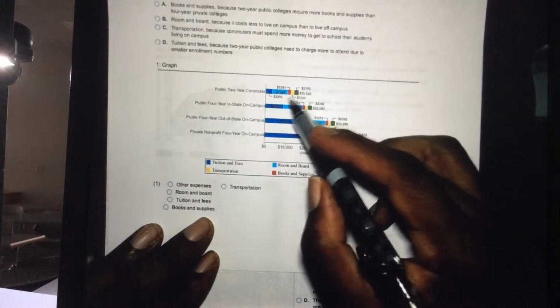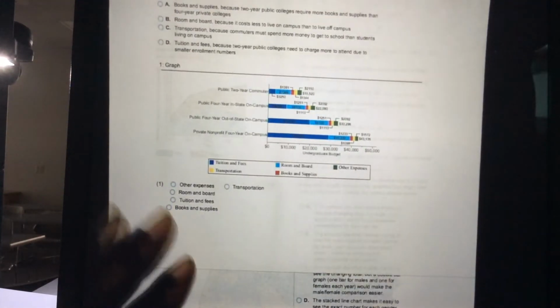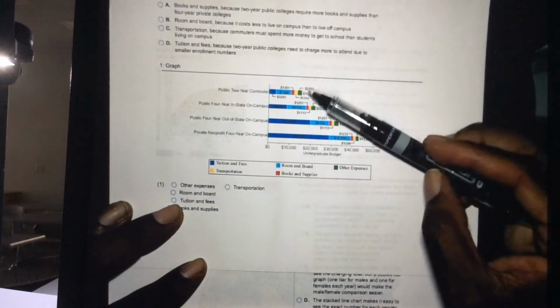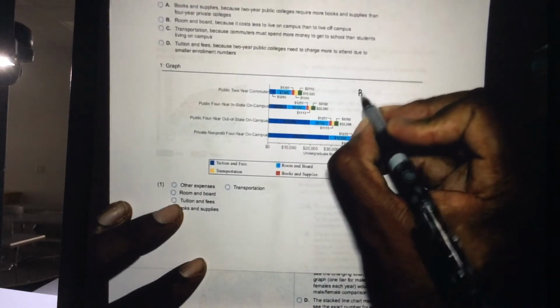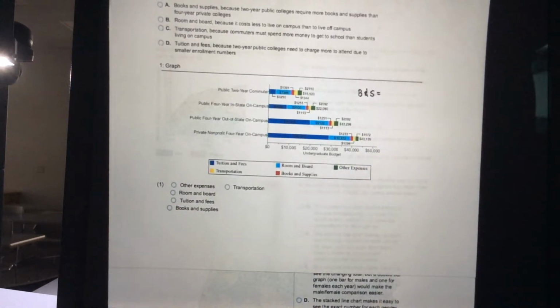But we have to look at the red, the yellow, and the green and find out which one varies the least. Let's start off with the red that says books and supplies. I'm going to label this B and S. I'm going to take the largest dollar amount for books and supplies of the four minus the smallest amount for books and supplies of those four and find out what that difference is going to be.